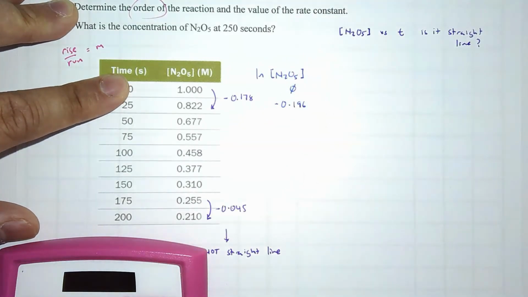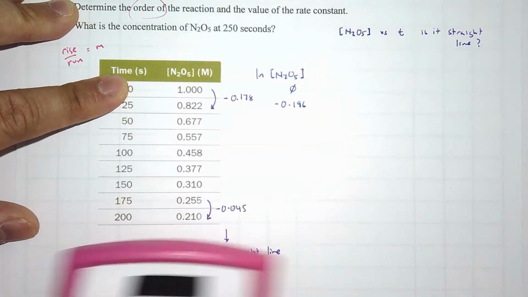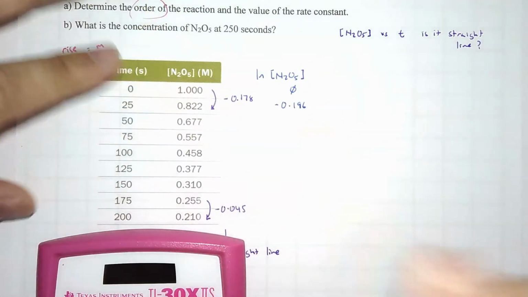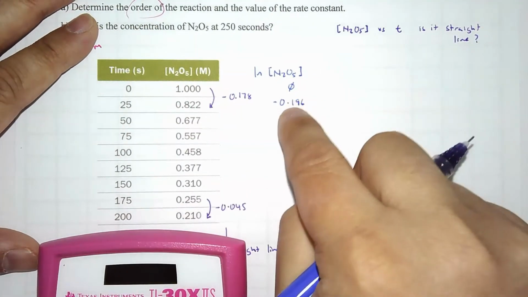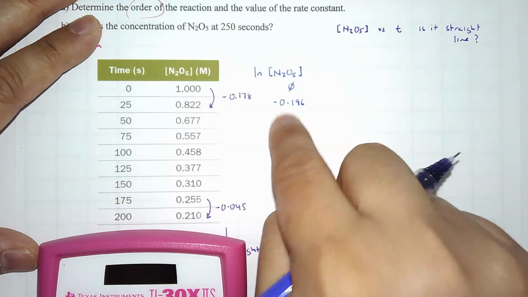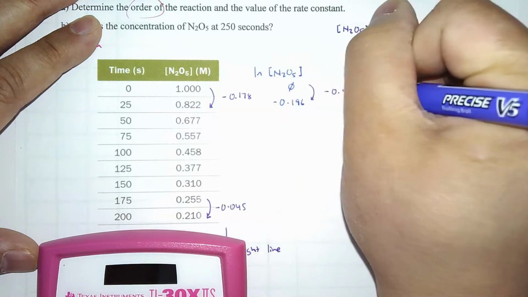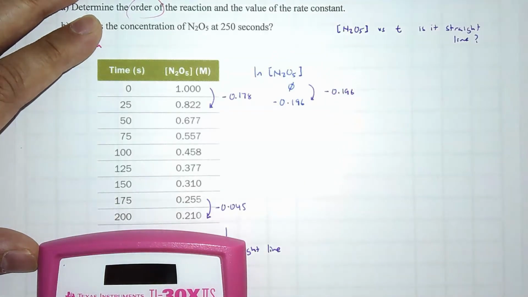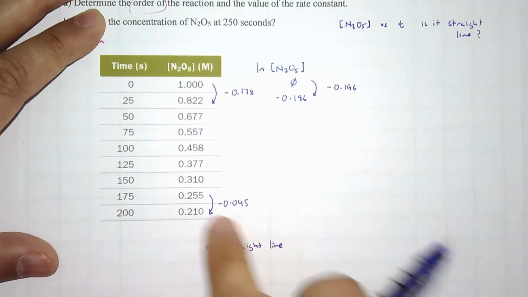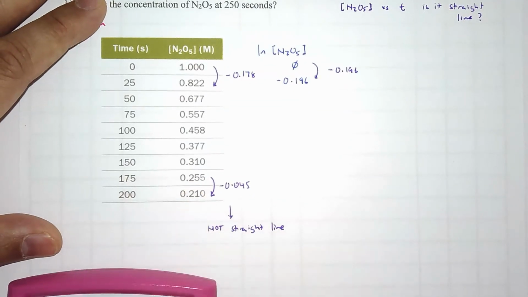Negative 0.196. We might as well take care of this now. So I want to stay consistent. I'm going to take data point 2, that number, minus 0. So I got a difference of negative 0.196. Go all the way down to your last 2 data points.